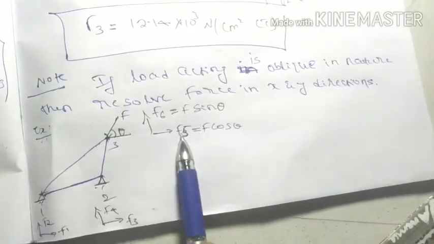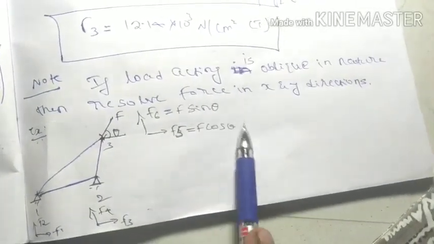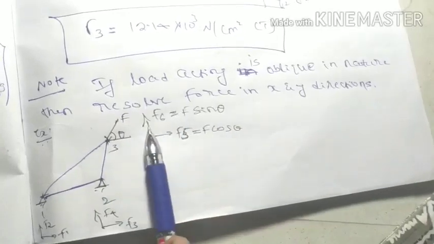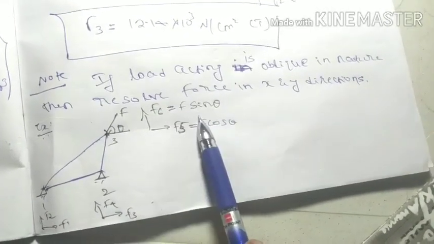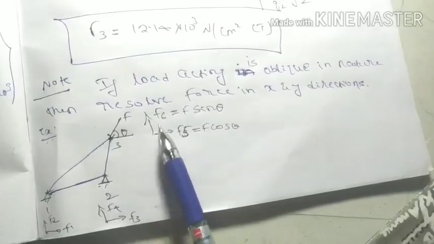What does F5 become? Always you know that when a force is resolved, horizontal we consider as cos theta and vertical we consider as sin theta. Therefore F5 becomes F cos theta, F6 becomes F sin theta. So these are the only changes, the rest of the steps are the same. So if the load is given inclined, then you have to resolve along x as well as y direction. That is the only change you need to incorporate.